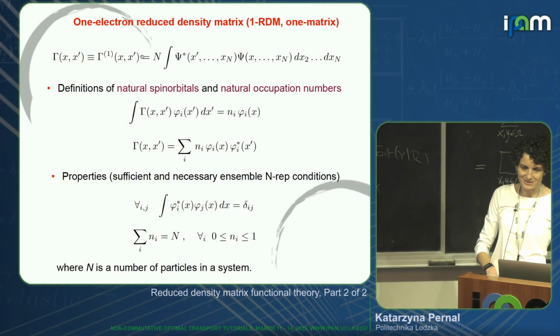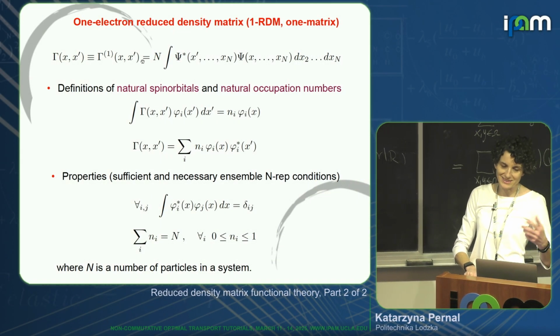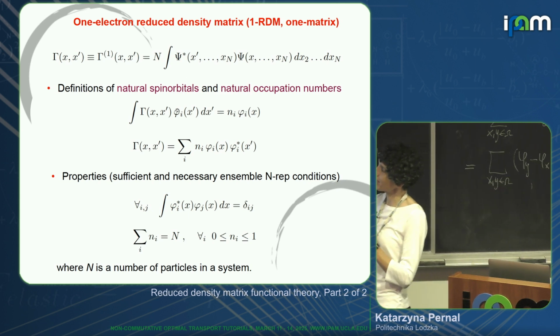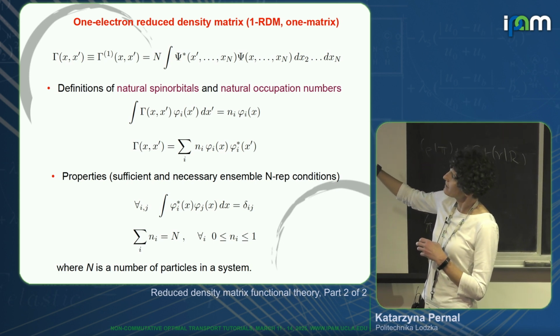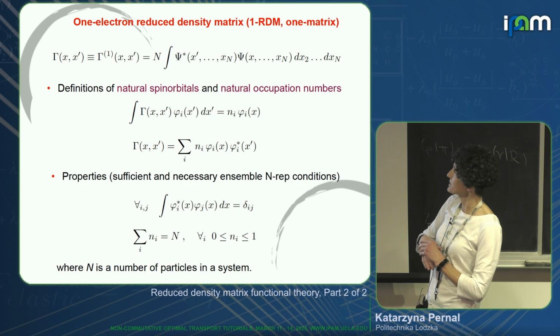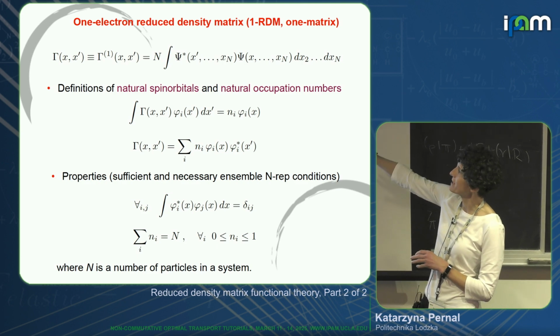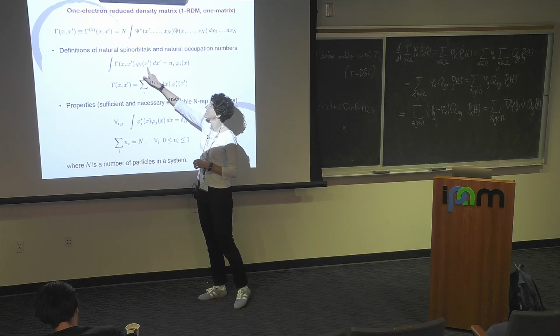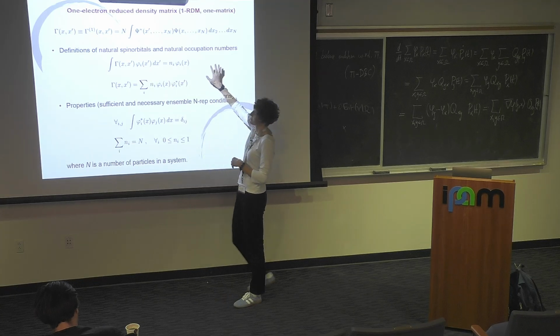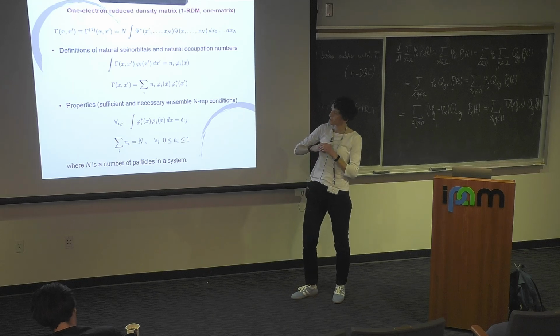So n, as usual, denotes the number of particles, in our case, the number of electrons. And now, because gamma is Hermitian, you can view it as a Hermitian operator, we can solve an eigenproblem for gamma, and then we find eigenfunctions and eigenvalues, and because of their importance, they have special names.